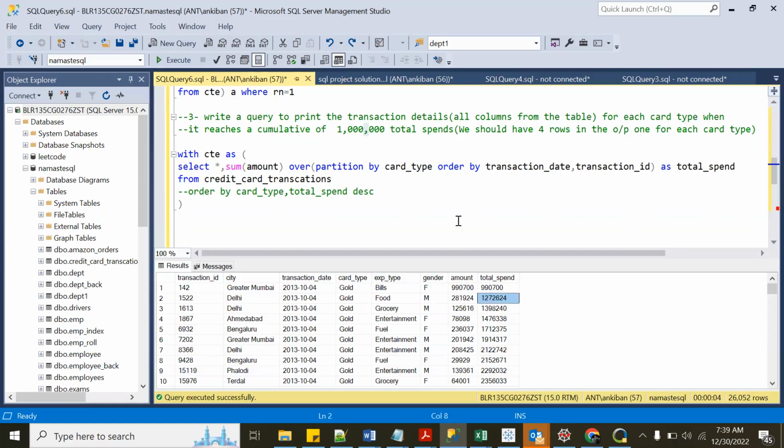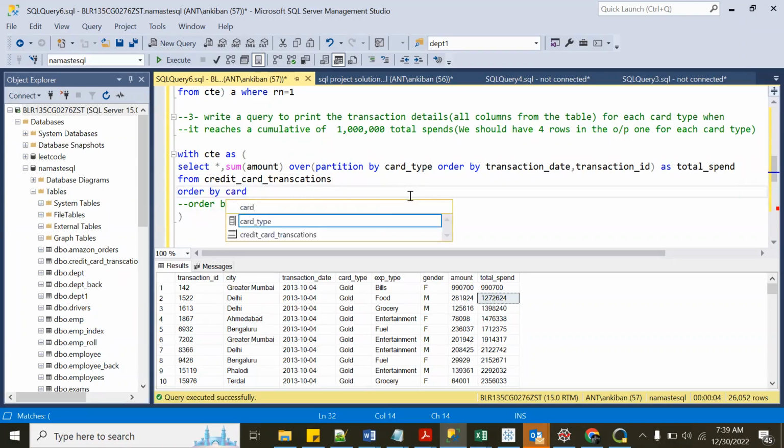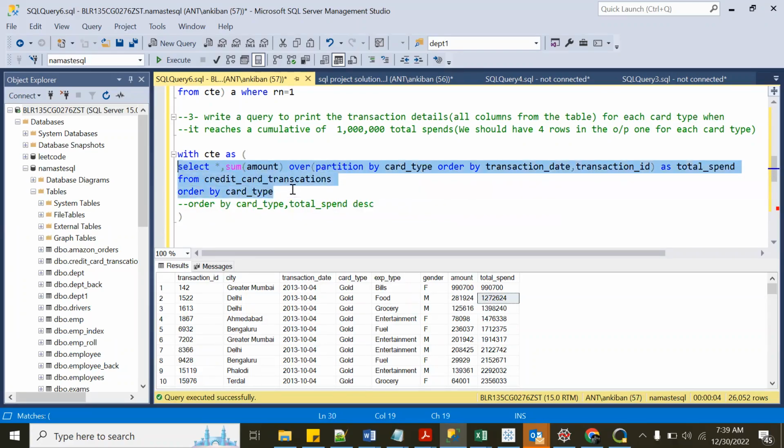Isn't it? Okay, I have not done order by. I think order by card type we have to do. Wait. Order by card type. Card type is fine. It is already ordered.